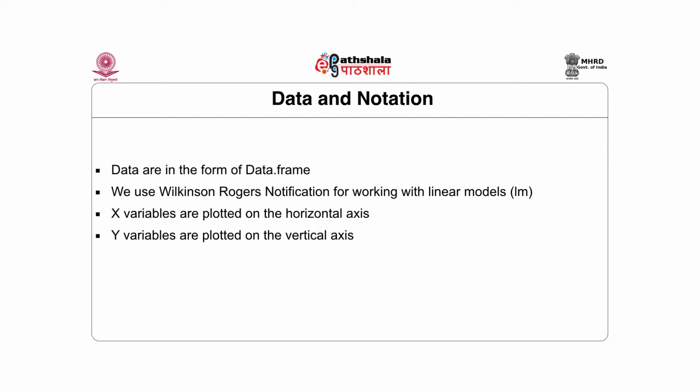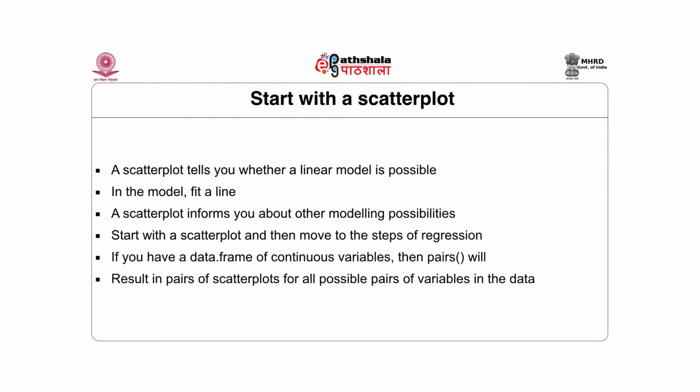As simple as that. So the first thing that we shall do is start with a scatterplot. A scatterplot is a plot in which dot points are plotted for each value of the x variable for the corresponding value of the y variable. Remember that in this particular situation, we are working with continuous variables for both outcome as well as explanatory variables.